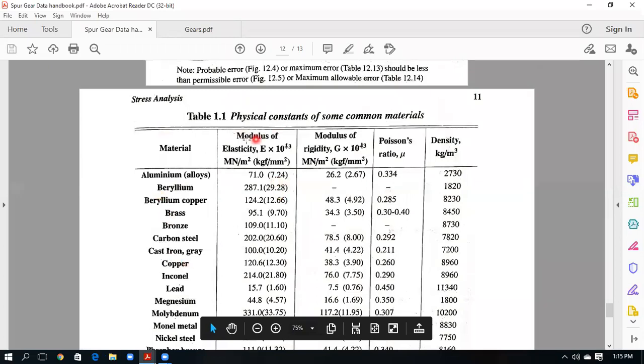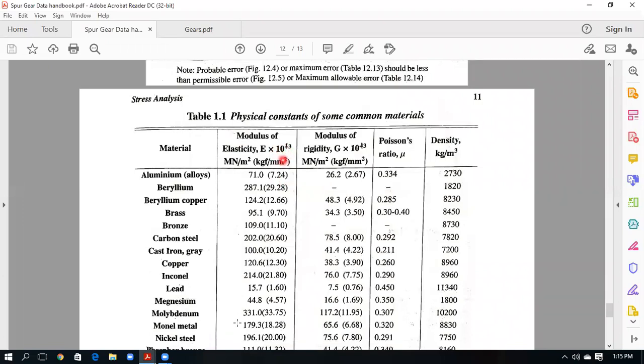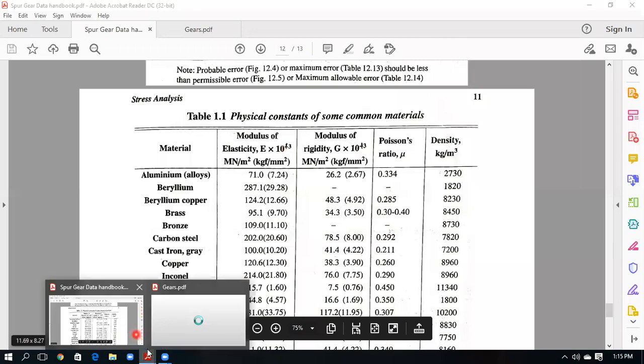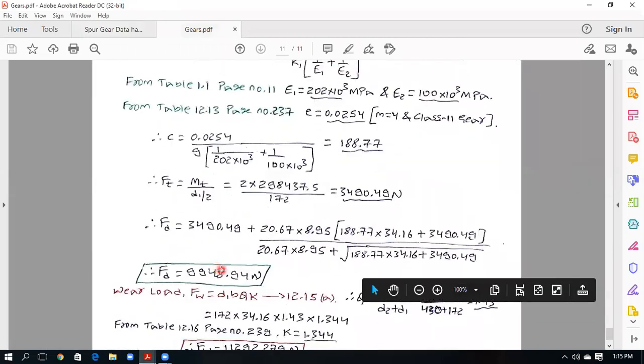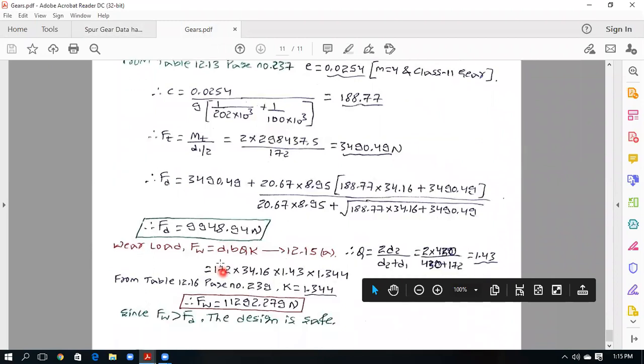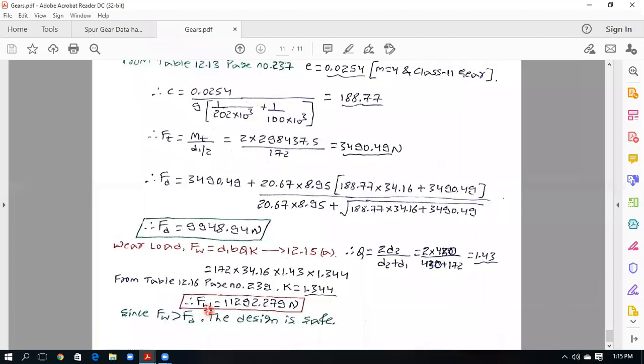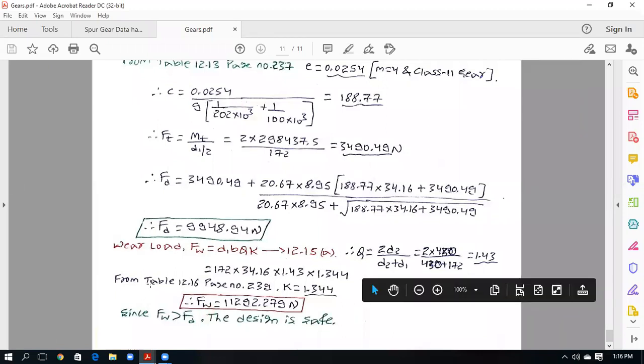According to that, you can select the modulus of elasticity E values, into 10 raised to 3. From this, you can calculate the dynamic load, and whatever the dynamic load is, if you compare that with the wear load, it will be less. If it is less, then the design will be safe. I hope your doubt is clarified. Or do you still have any?